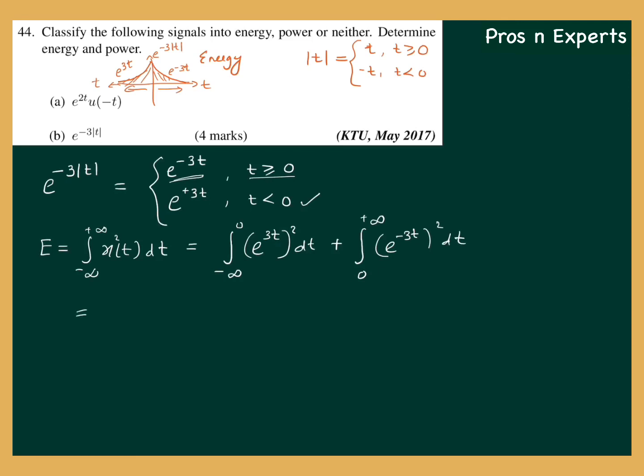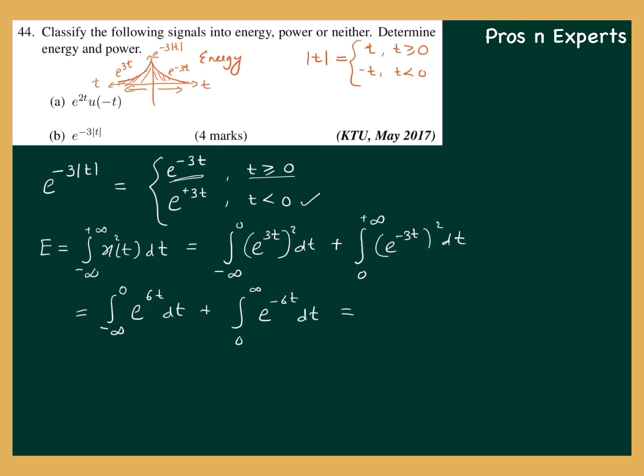Now this is only a matter of finding the integral. So it is the integral from minus infinity to 0 of e raised to 6t dt plus the integral from 0 to infinity of e raised to minus 6t dt.